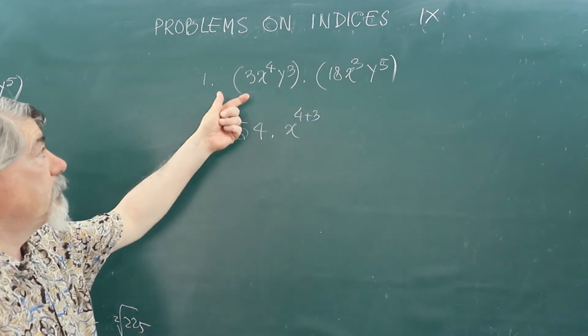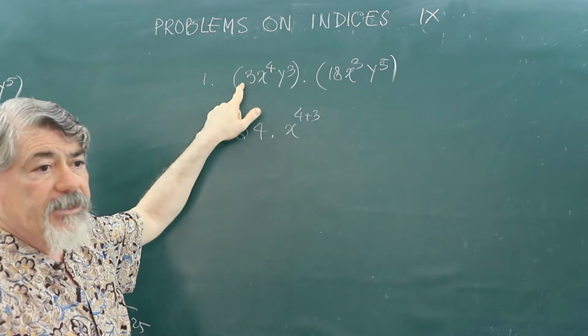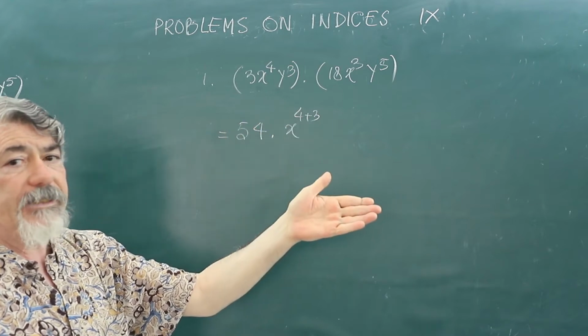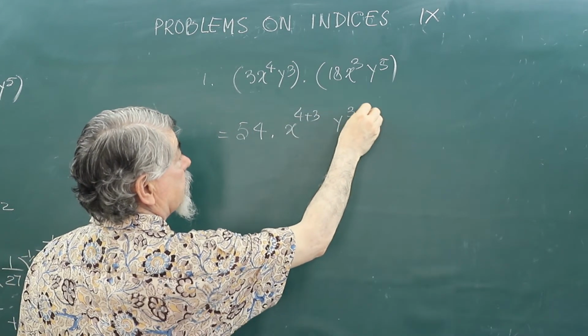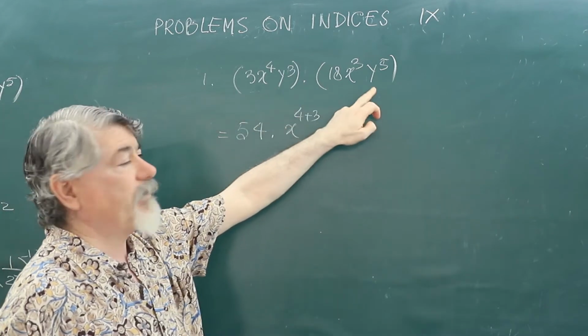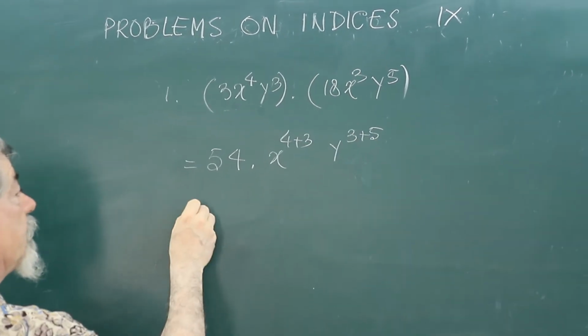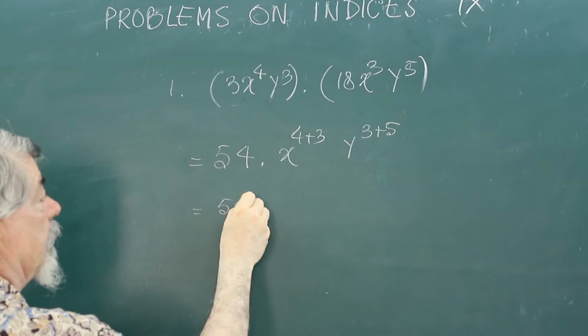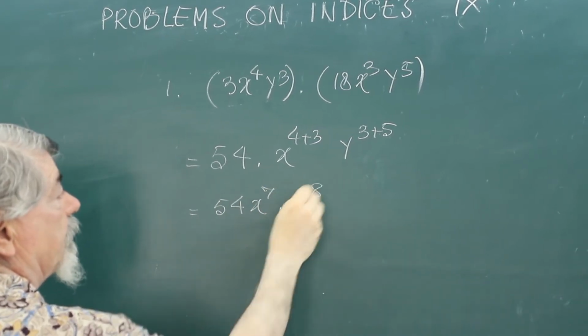This is the product law. If the bases are same, powers get added. Here it is y to the power 3 plus 5. Because y is the base here, the powers get added. So it is 54 x to the power 7 y to the power 8.